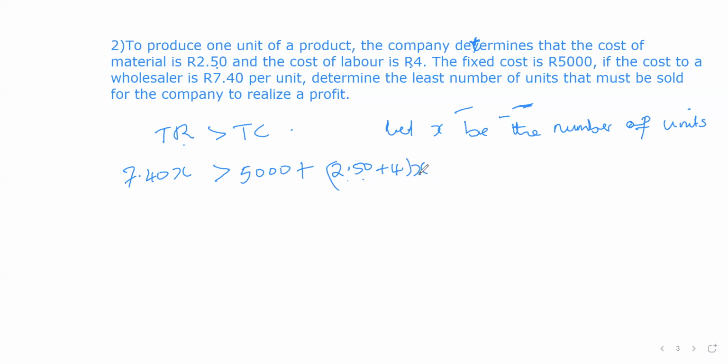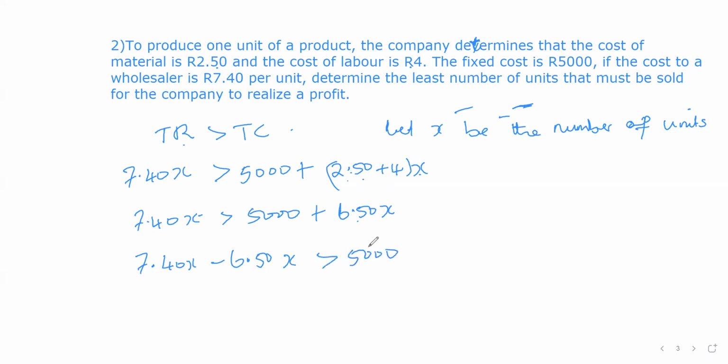So for X units, we multiply that value by X. Then we have this linear inequality in X that we can solve. So 740X is greater than 5,000 plus 650X. We move the 650X to the other side and get 740X minus 650X is greater than 5,000.